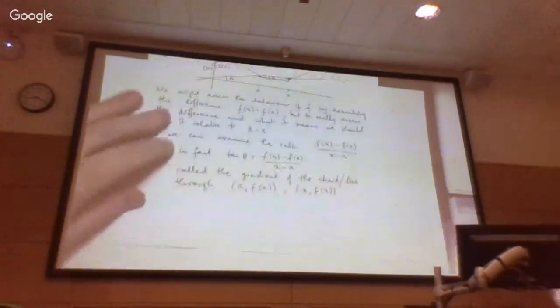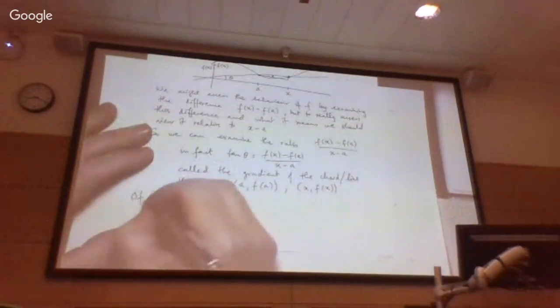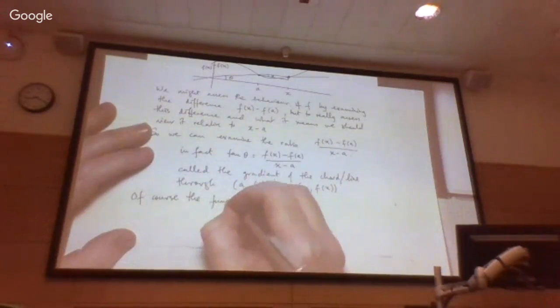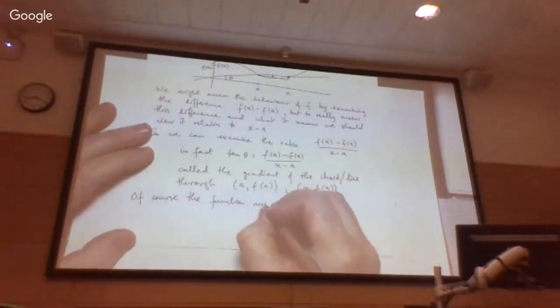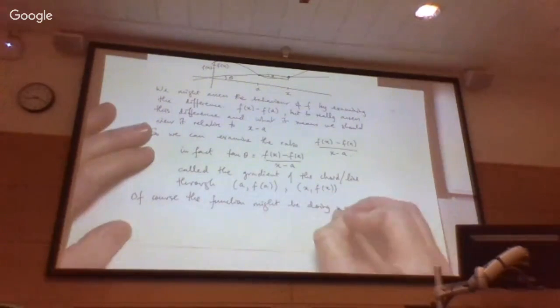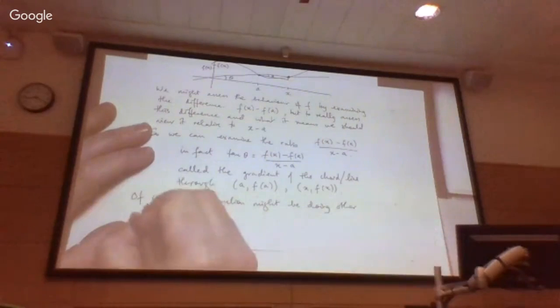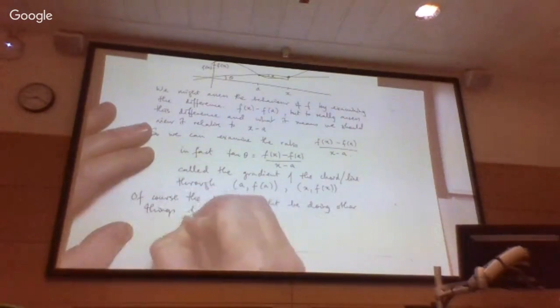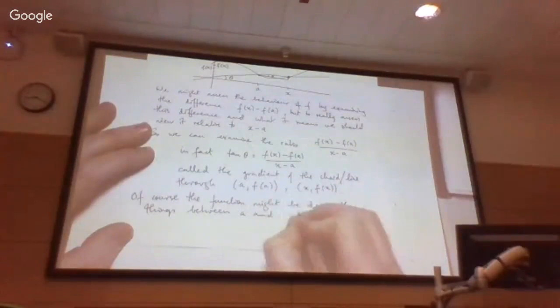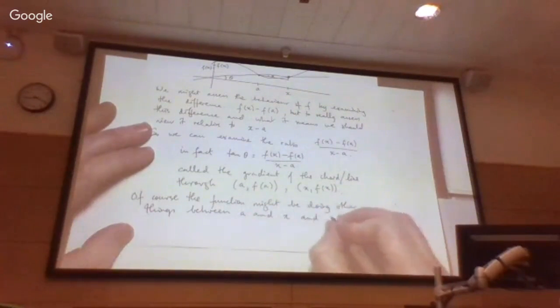Of course, the function f might be doing other things between a and x and still have the same gradient.